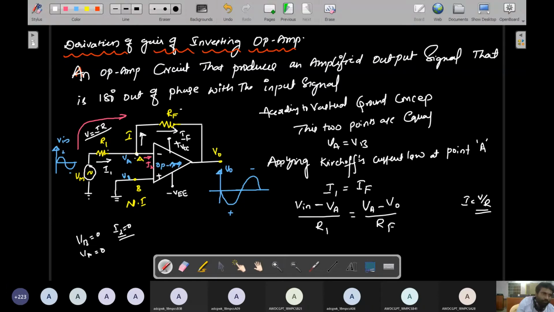So the voltage representation depends on this point A, where we apply node notation. According to this node, Vin minus VA divided by R1 is equal to VA minus V0 divided by RF. Please note everybody.